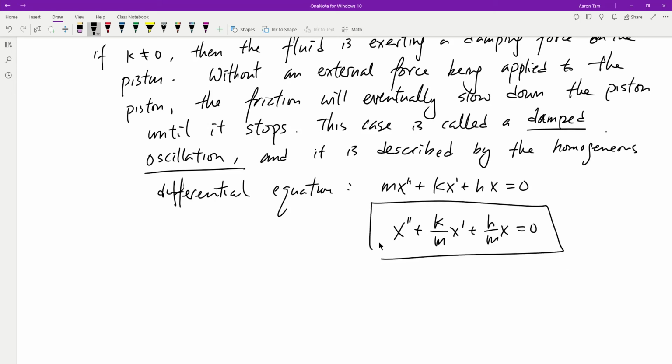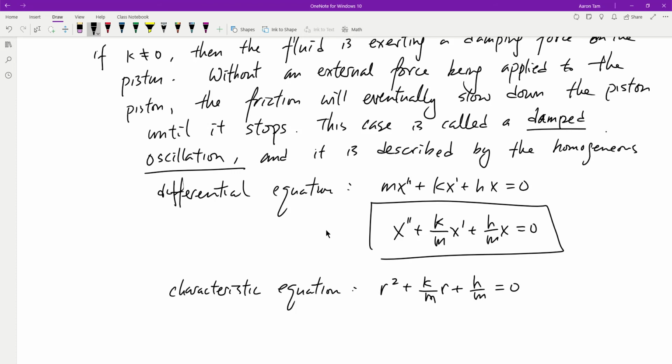So this is the equation we want to study. Important to realize is that this equation has a characteristic equation: r squared plus k over m r plus h over m equal to 0.